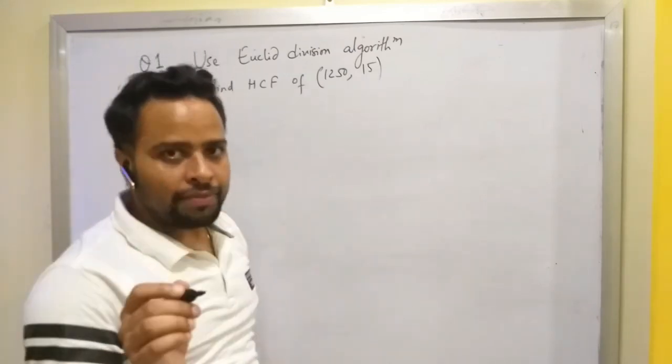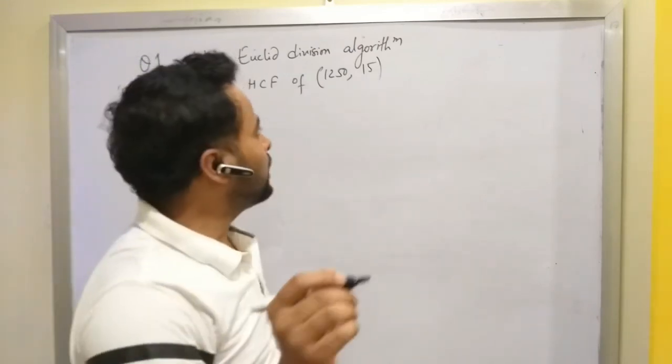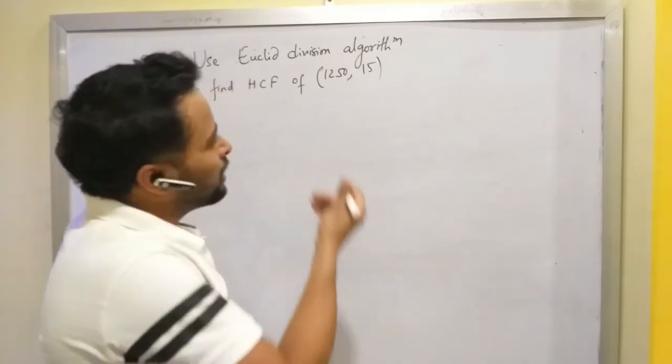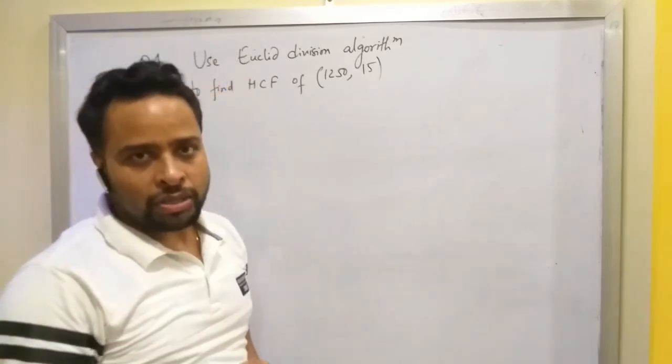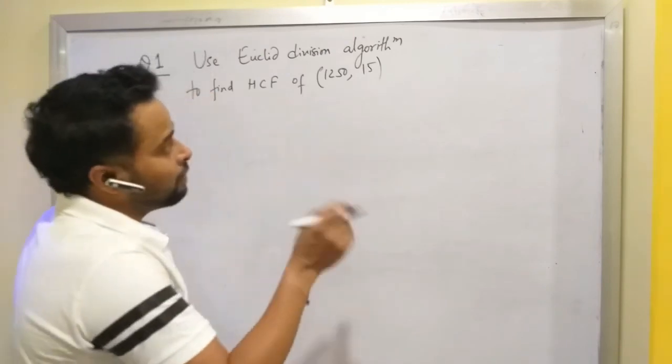We have to find the HCF of 15 and 1250. We can do this using the prime factorization method also, but here we use Euclid's division lemma.